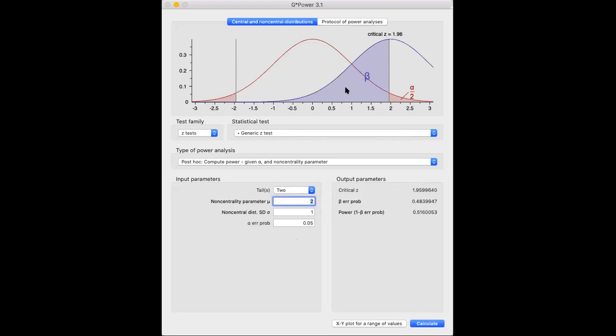So it's less likely we draw a non-significant result from the population of Z with a mean of 2. Actually, only 48% of the time will we wrongly say that there is no difference. So 52% of the time we will correctly infer that there is a difference between these two distributions.